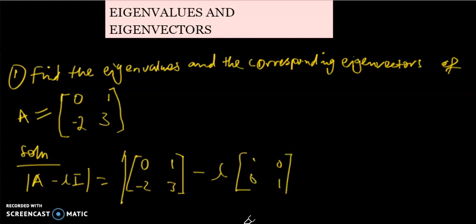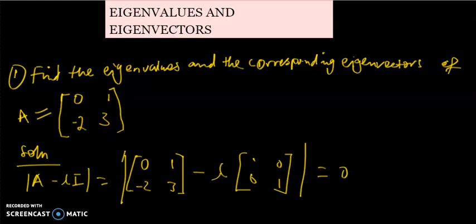This is the identity matrix, and all these must be equal to 0. This is the first thing that we need to do. So going further from here, we simply need to multiply this lambda, which is a scalar, by this identity matrix as it is indicated here.